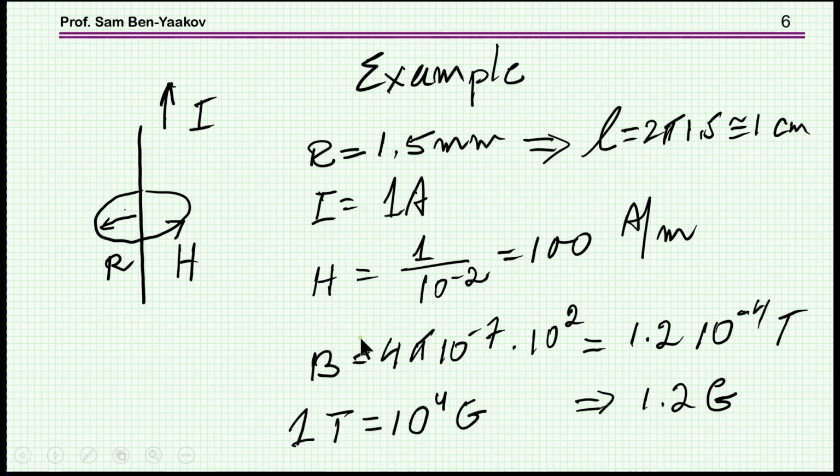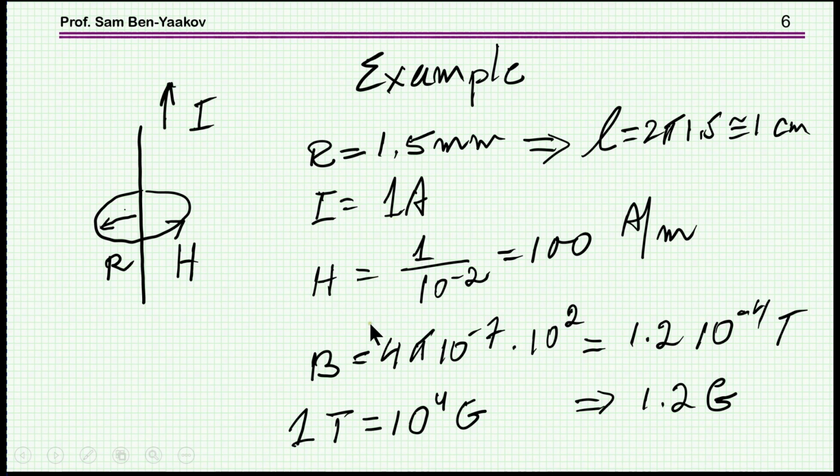B is then mu 0 times 100, since this is air here, which comes up to be 1.2 times 10 to the minus 4 Tesla. Now, 1 Tesla is 10 to the 4 Gauss, so we're talking about 1.2 Gauss. This will be for a distance of about 1.5 millimeter from a wire conducting 1 amp.